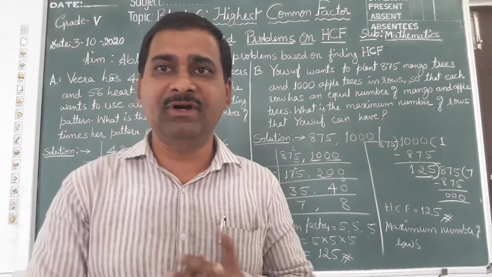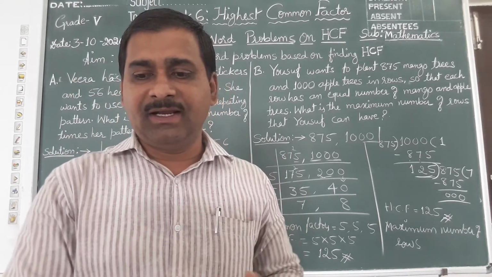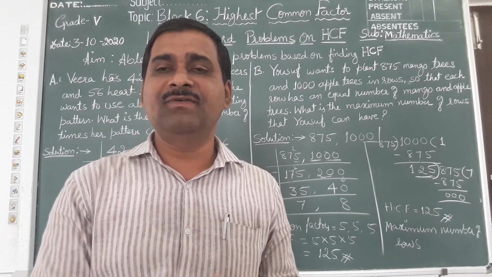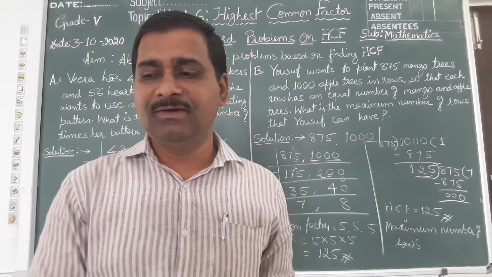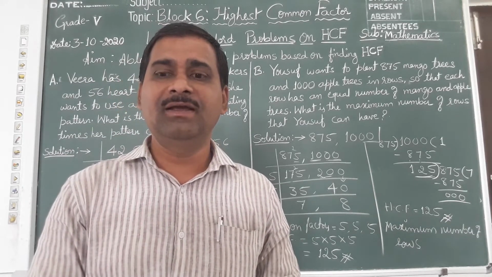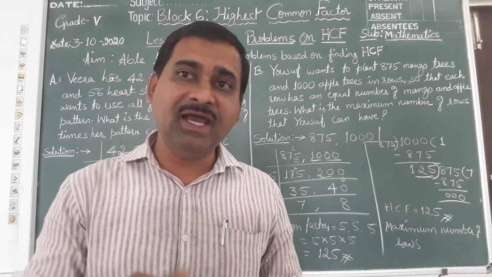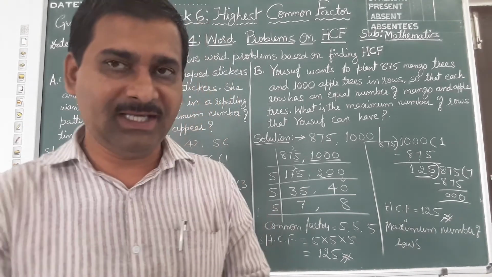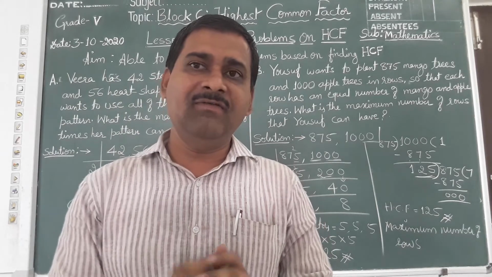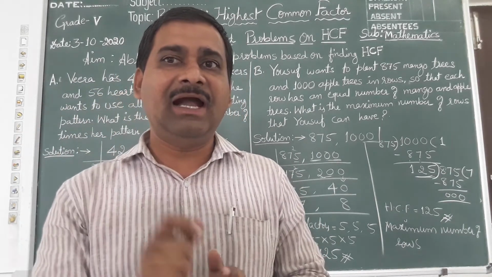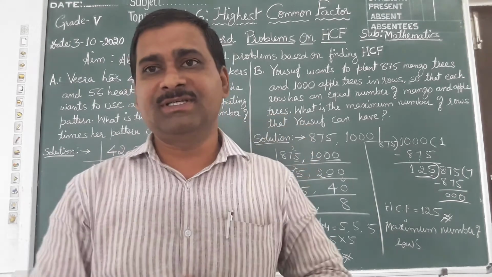You should create a word problem, and the numbers are: find the HCF of 20 and 50. See, you should create a word problem for this. Why I said this to you now is that creating a word problem is already asked in the worksheet and also in the practice questions of lesson number 4.